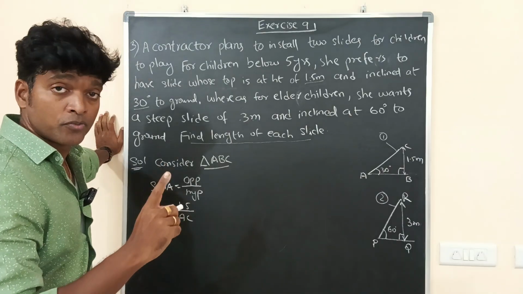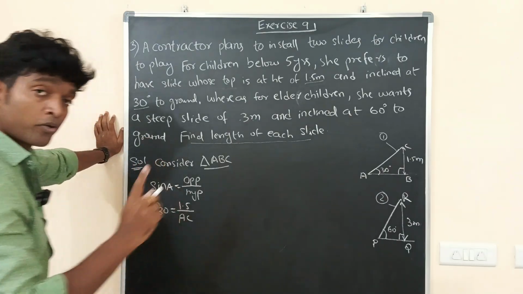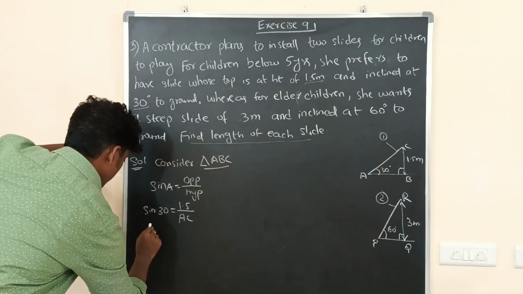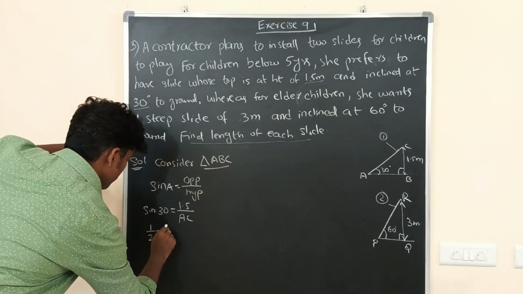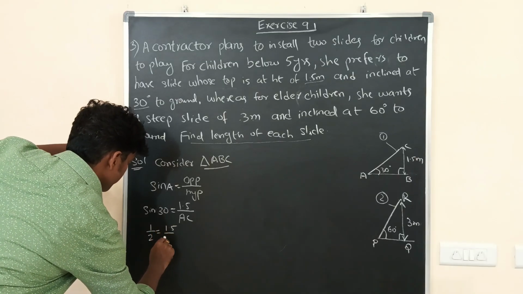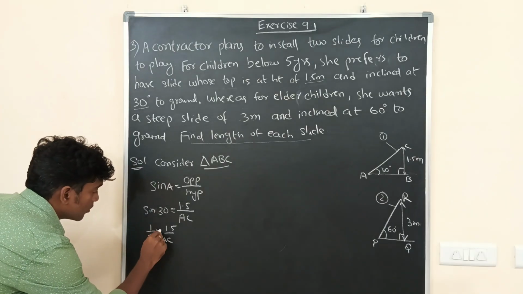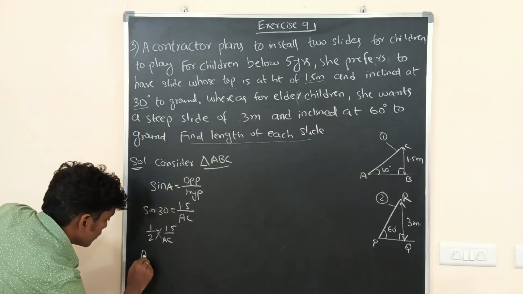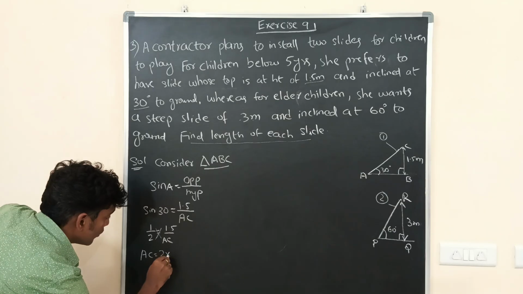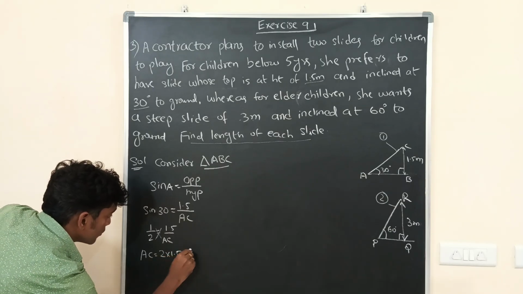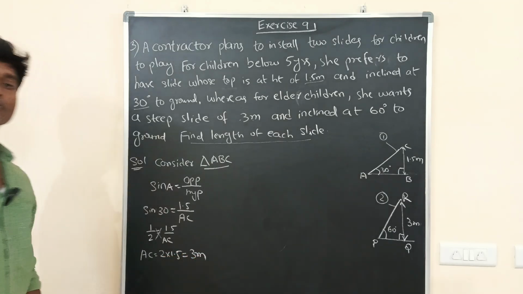We have to remember this: sin 30 is 1 by 2. All the ratios you have to remember as per the angles. So 1 by 2 is equal to 1.5 by AC. Cross multiplication: AC is equal to 2 into 1.5, which is 3 meters.